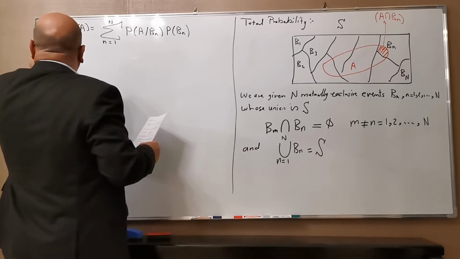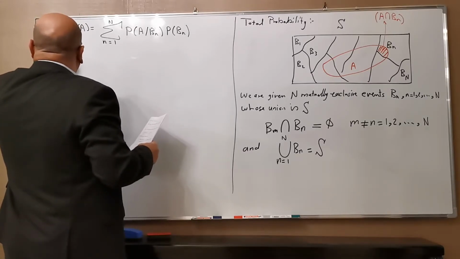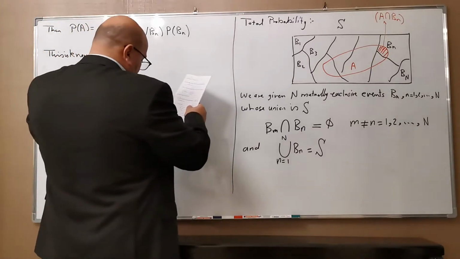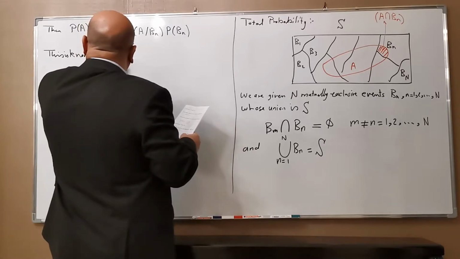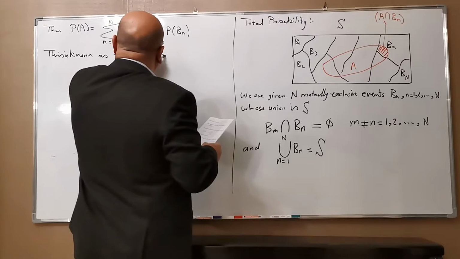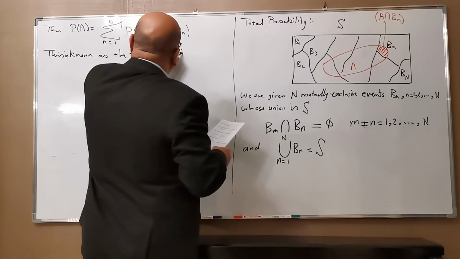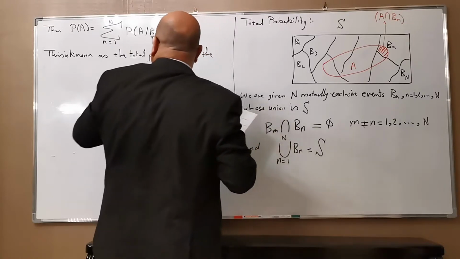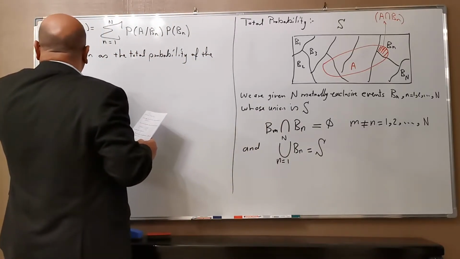This is known as the total probability of the event A.